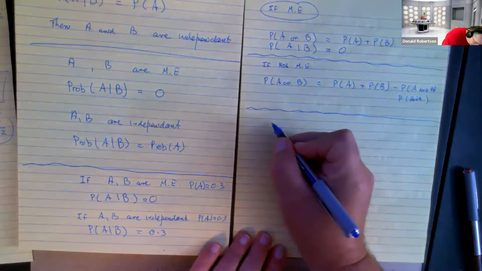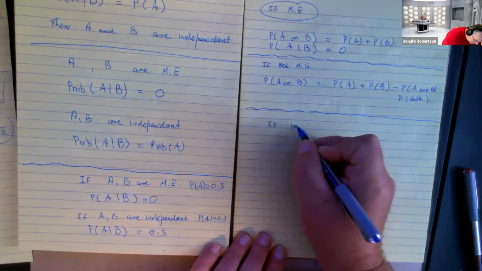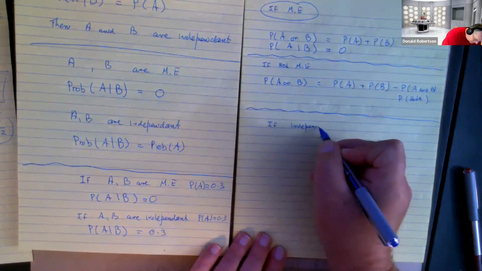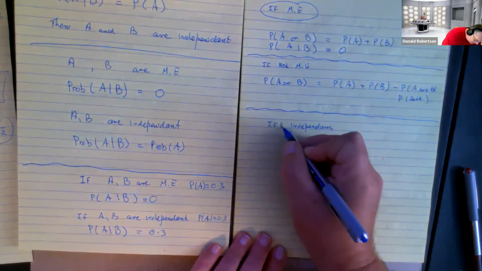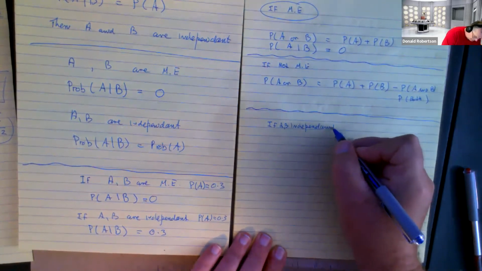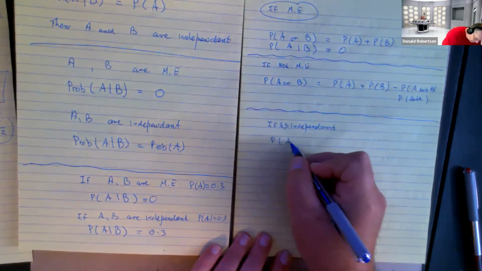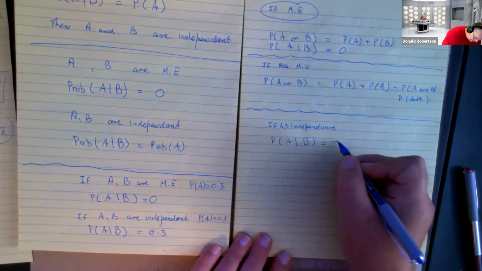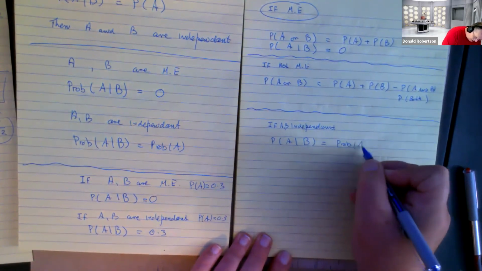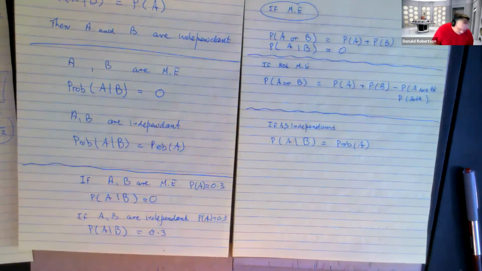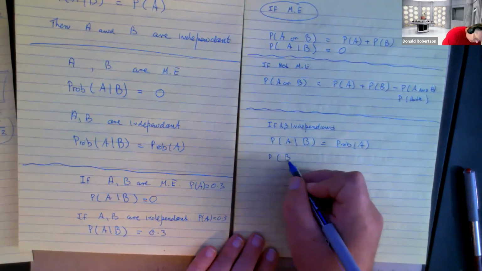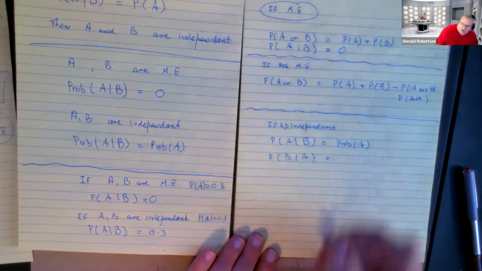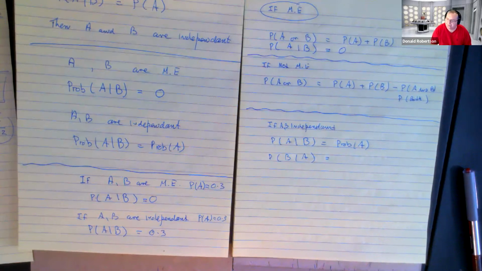Now, if you are independent, so if A and B are independent events, then the probability of A given B is just the probability of A, right? What if I wrote it the other way around, which you don't typically do, but just out of curiosity, what do you think the probability of B given A should be if they're independent?